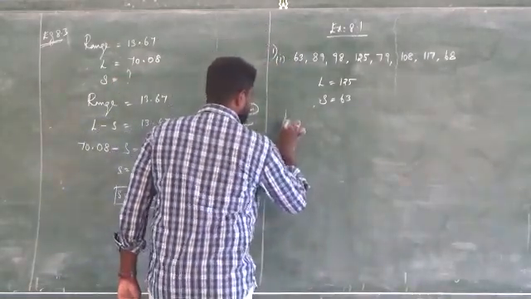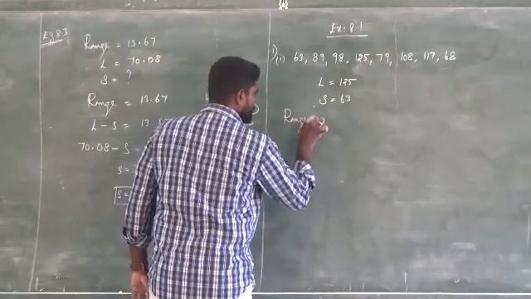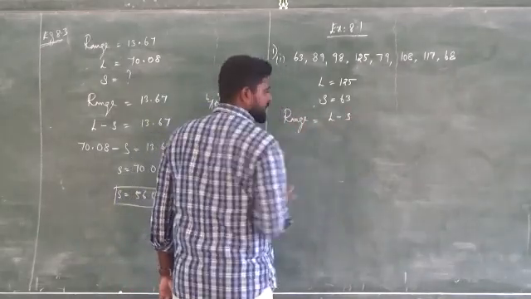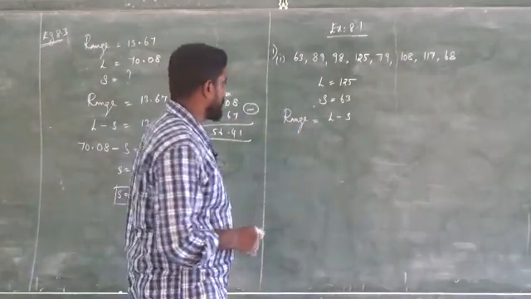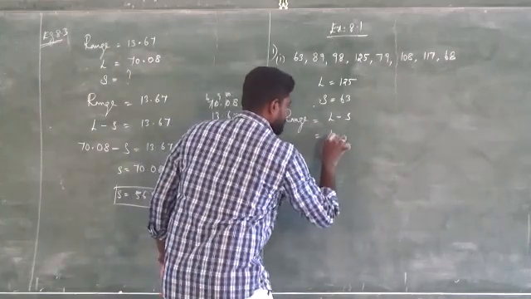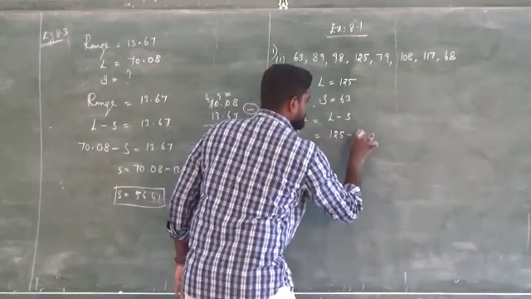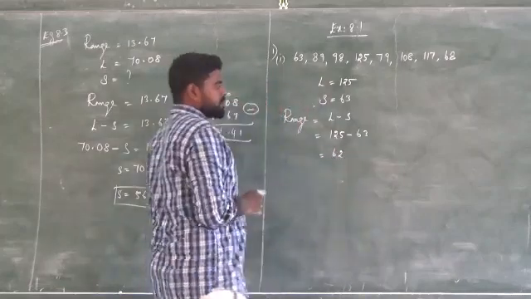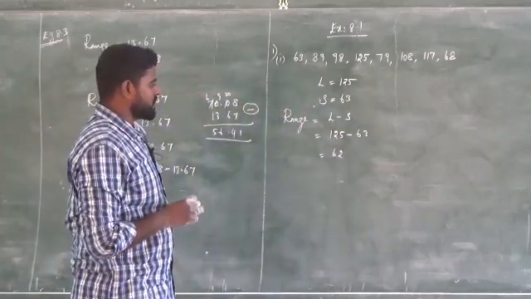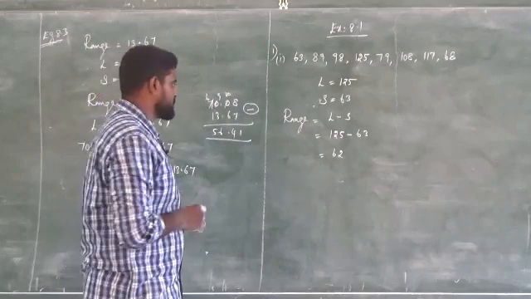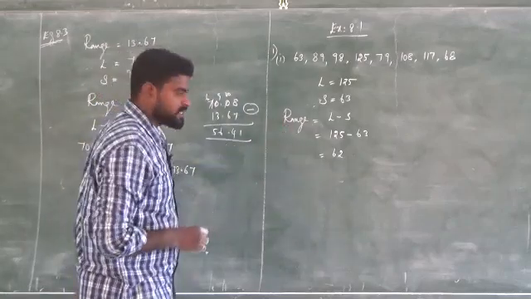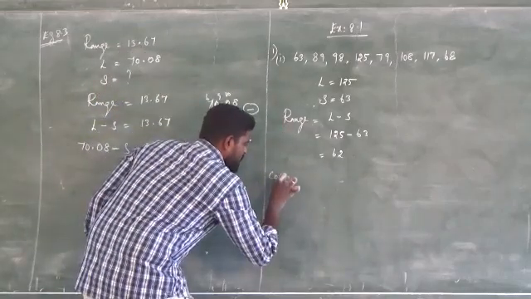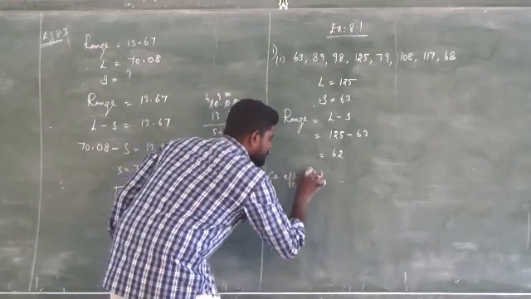Range is L minus S, the largest value minus the smallest value. It is 125 minus 63, that is 62. So range is 62.